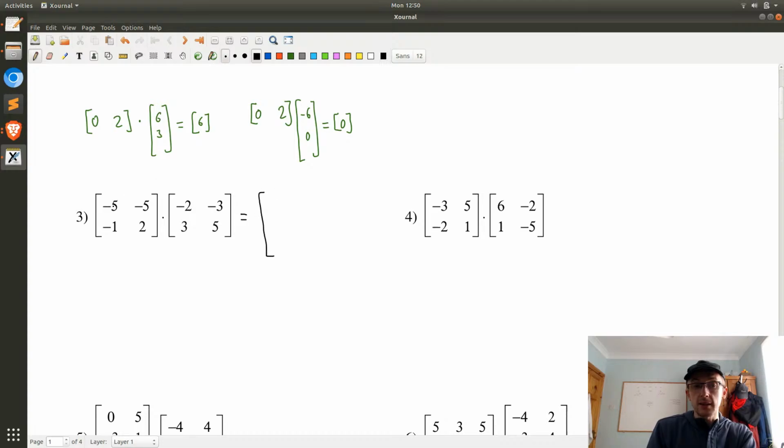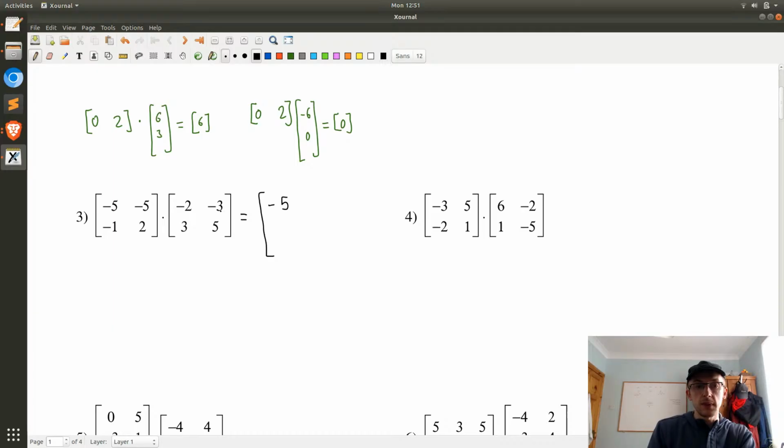It's exactly the same thing as before, so we're just going to try and do it. Negative 5 times negative 2 is 10. Negative 5 times negative 3 is negative 15. So it's going to be 10 add negative 15, which is negative 5. Next up, negative 5 by this pair here.